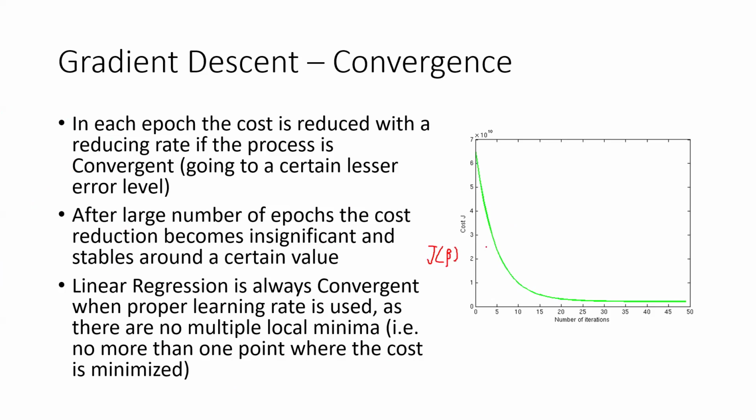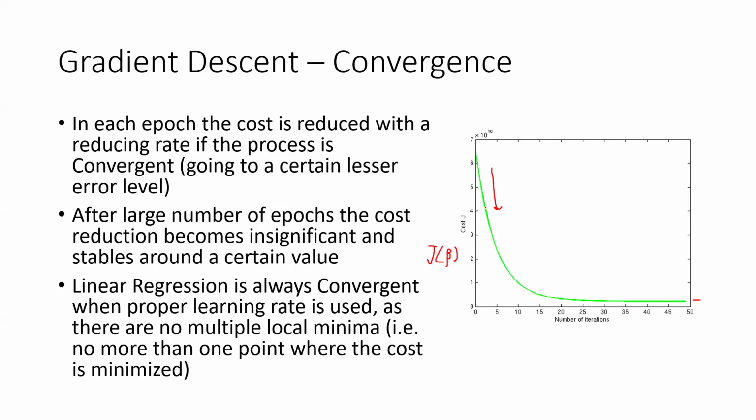It's getting reduced, right, until we come to a stable value, right? So this is the minimum J beta that we want to achieve.